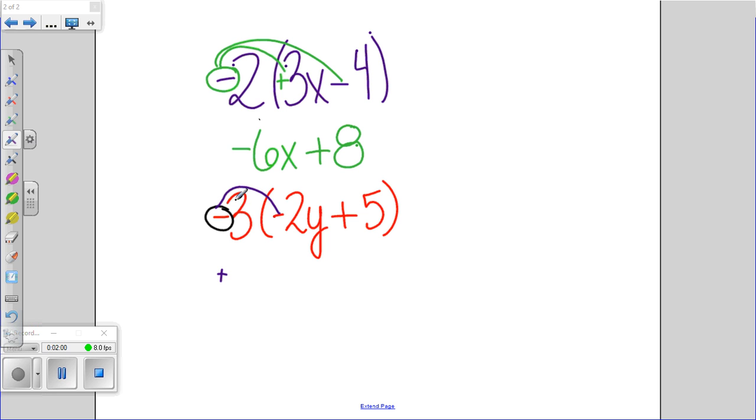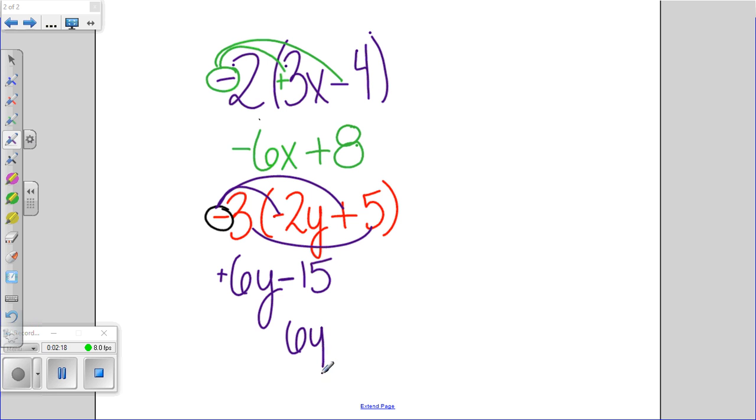And then 3 times 2y is 6y. Then I take my negative times a positive, which gives me a negative, so I know this is a subtraction symbol. And then 3 times 5 is 15. So I have positive 6y, which you could just write as 6y minus 15.